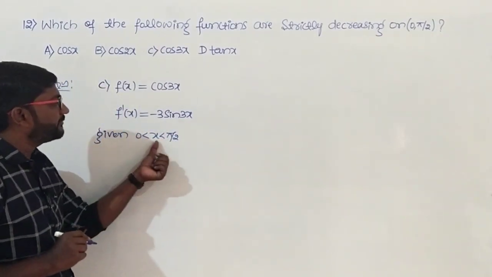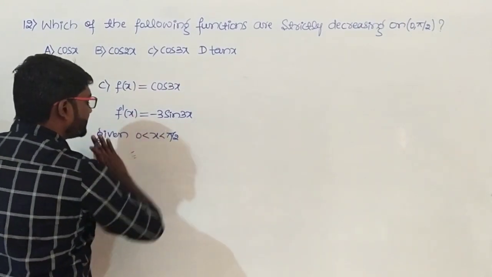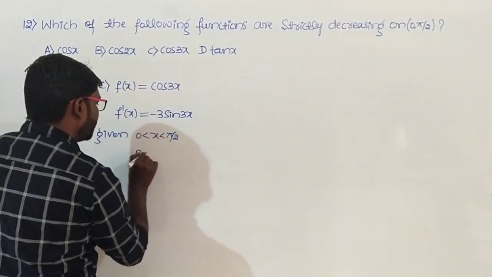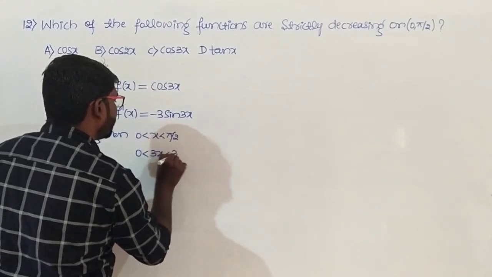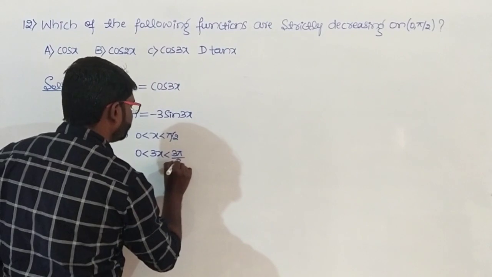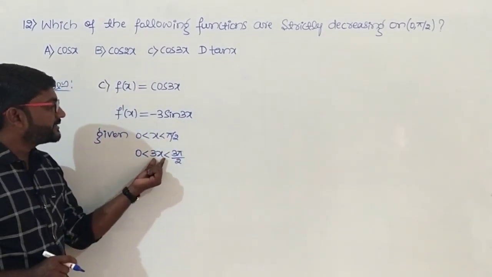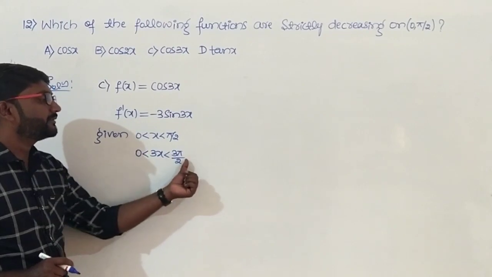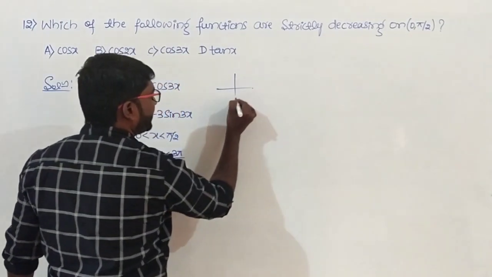For every term we have to multiply by 3. 3 into 0 is 0, then less than 3x, and then less than 3 pi by 2. So 3x is going to be greater than 0 and less than 3 pi by 2.